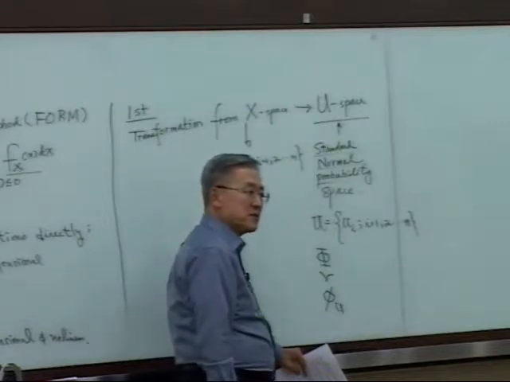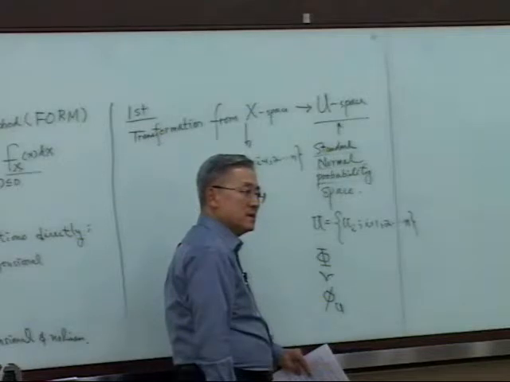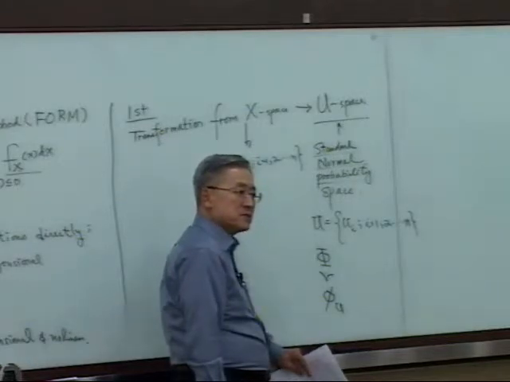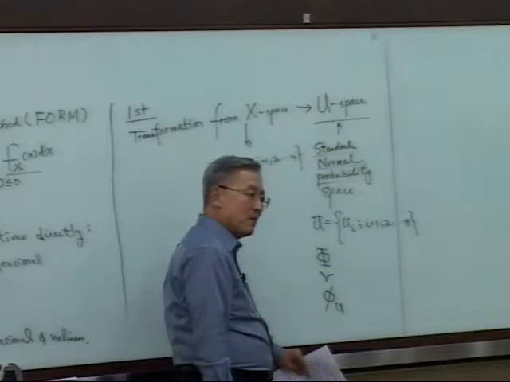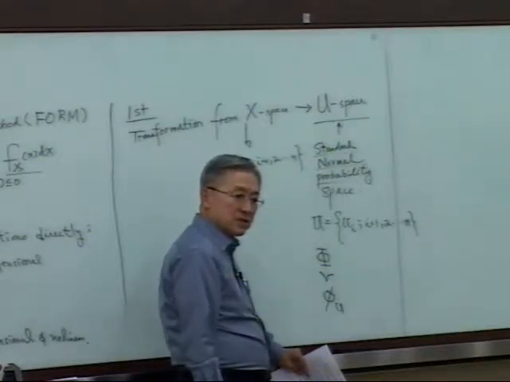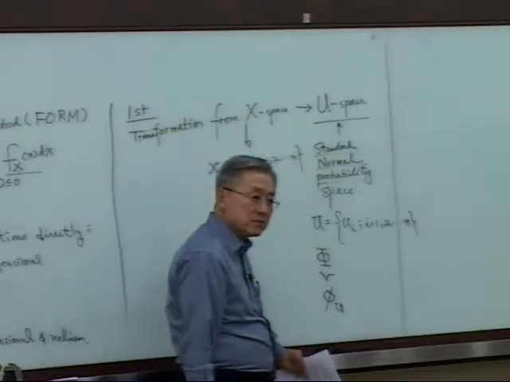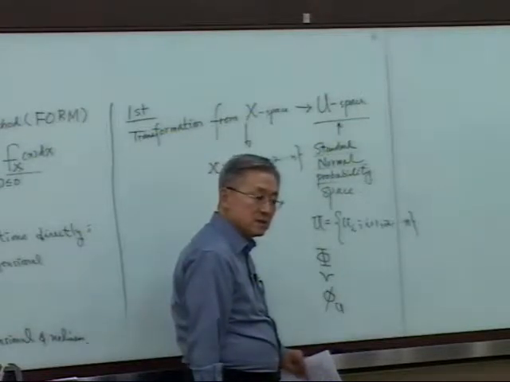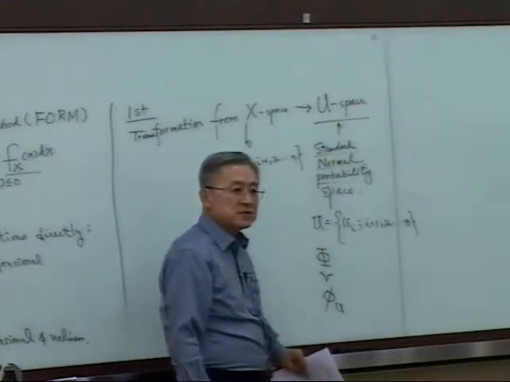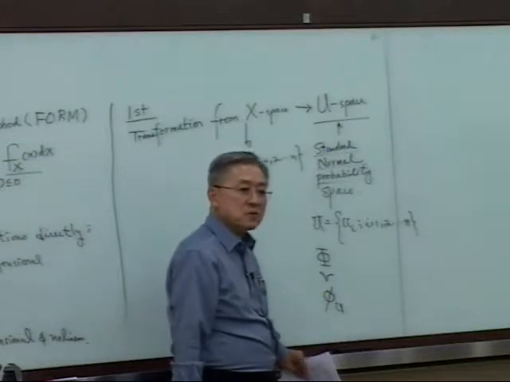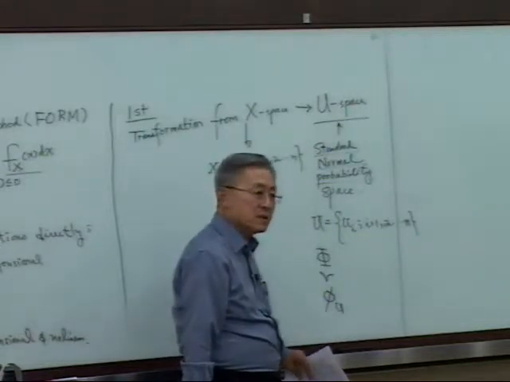For the standard normal probability density or distribution function, we know the mean is equal to 0, right? And of course, the standard deviation is equal to 1.